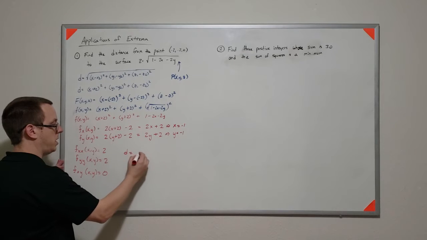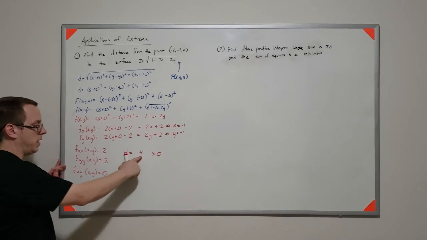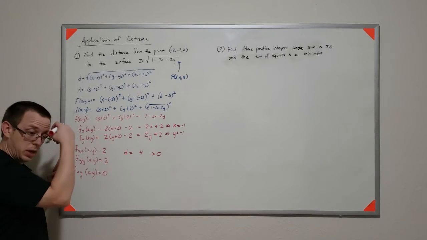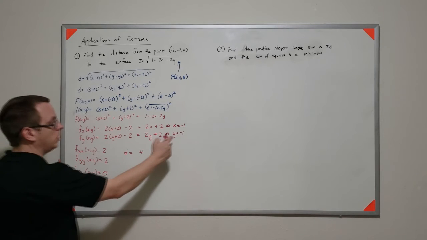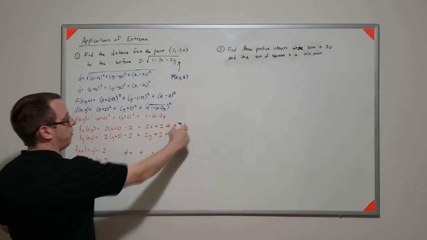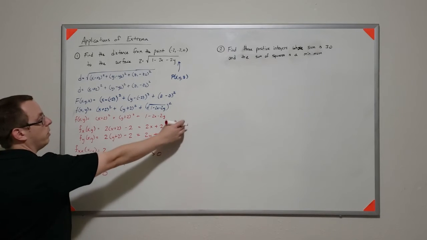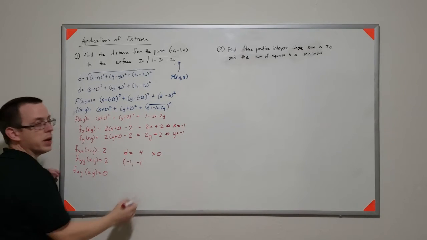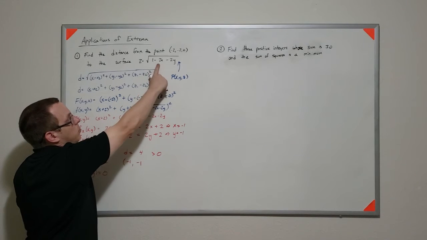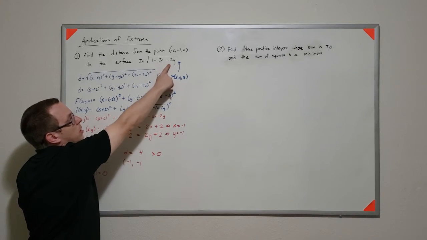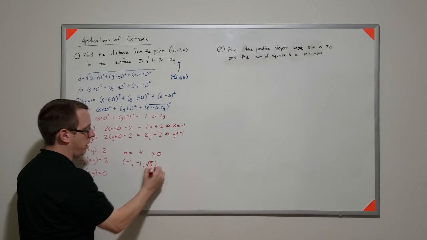So that tells me D is 4, which is greater than 0. Since that's positive and that's positive, that tells me that we're dealing with a minimum. So ultimately, we have this point, whatever x is, whatever y is, and then we need to get the z coordinate. So that's 1 plus 2 plus 2 again, which is the square root of 5.